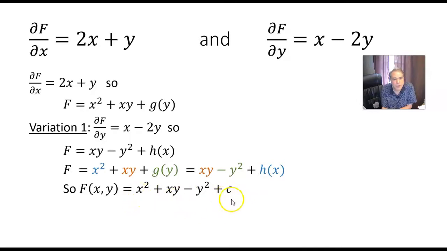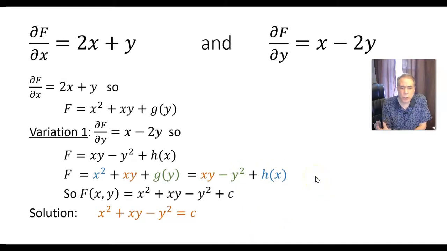So there's the function, x squared plus xy minus y squared plus c, that has both of the partial derivatives that we want. So the solution to that differential equation that we were trying to solve turns out to be x squared plus xy minus y squared equals c. Now that isn't solved for y. I might not even be able to solve it for y, but it does implicitly define y as a function of x. So that's the solution to that differential equation.